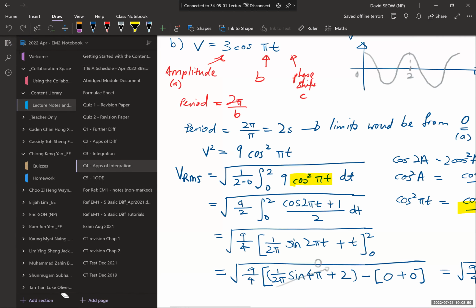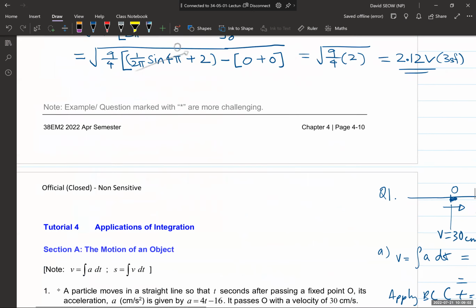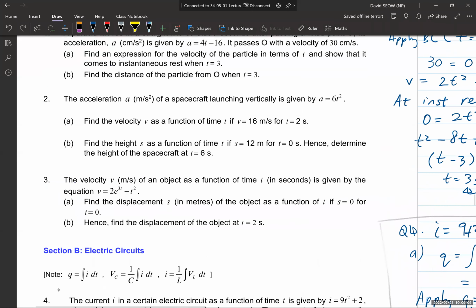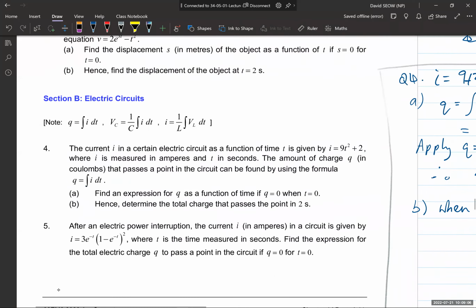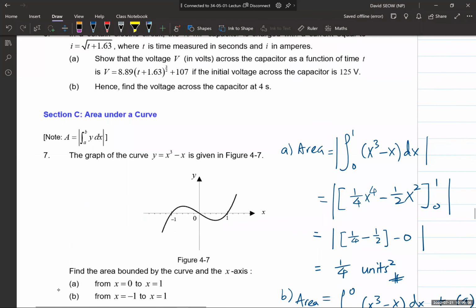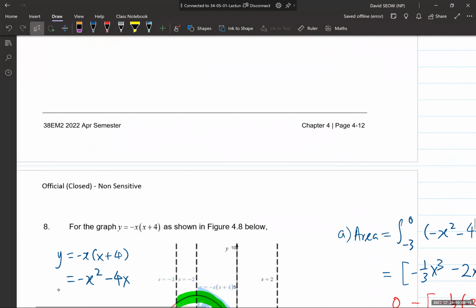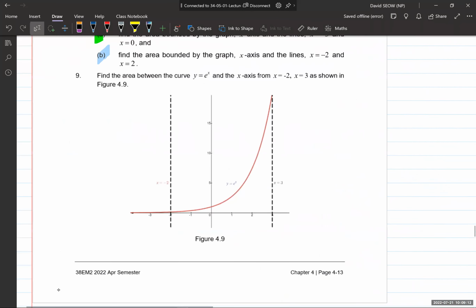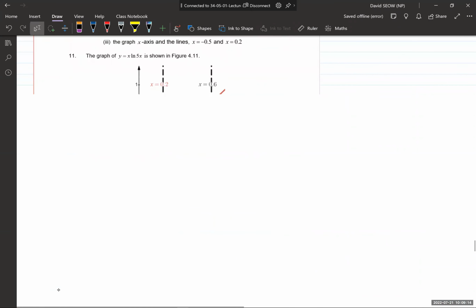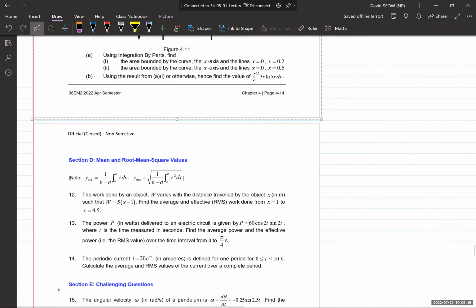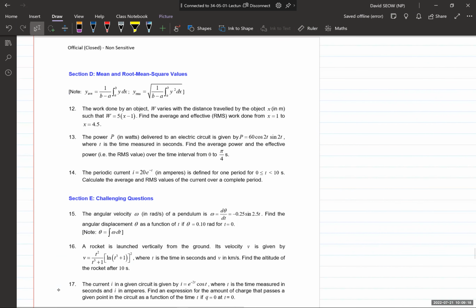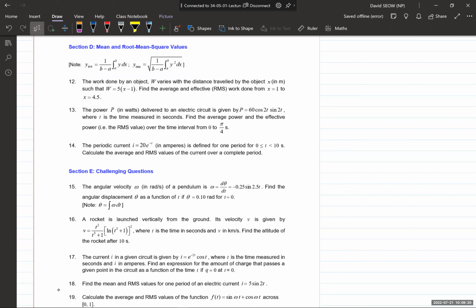So what we do, we can look at the tutorial first. We tried section A, section B, okay, ABC, right? So maybe to start us off, or just to help us recap, we can do section B. The challenging problems we can look at towards the last part.